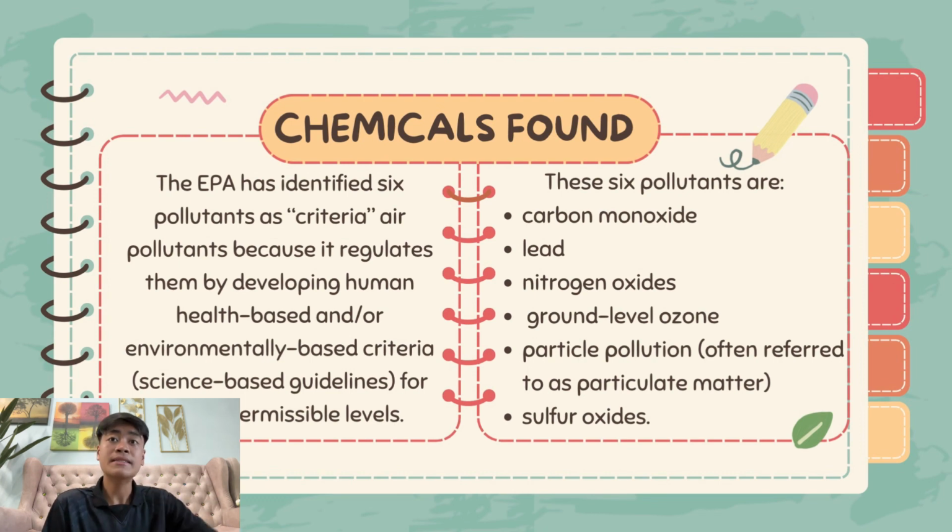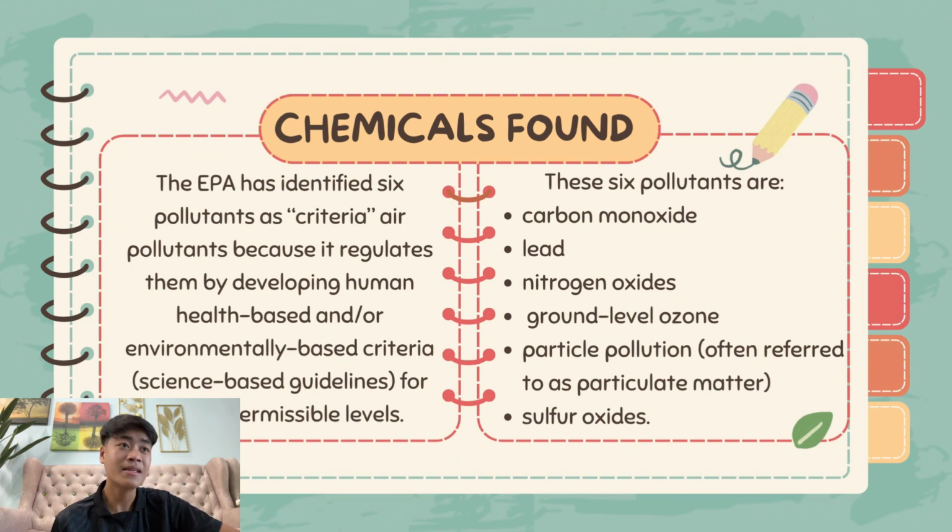Next, we go to chemicals found in air pollution smoke. The EPA has identified 6 pollutants as criteria air pollutants because it regulates them by developing human health based and or environmentally based criteria, science-based guidelines for setting permissible levels. What's the EPA?